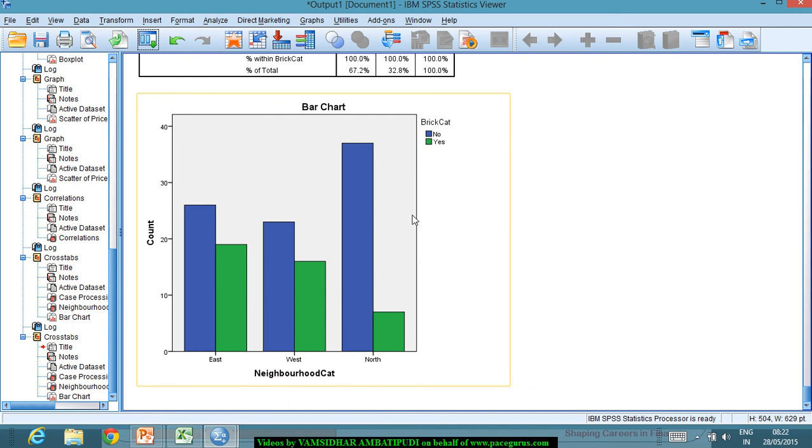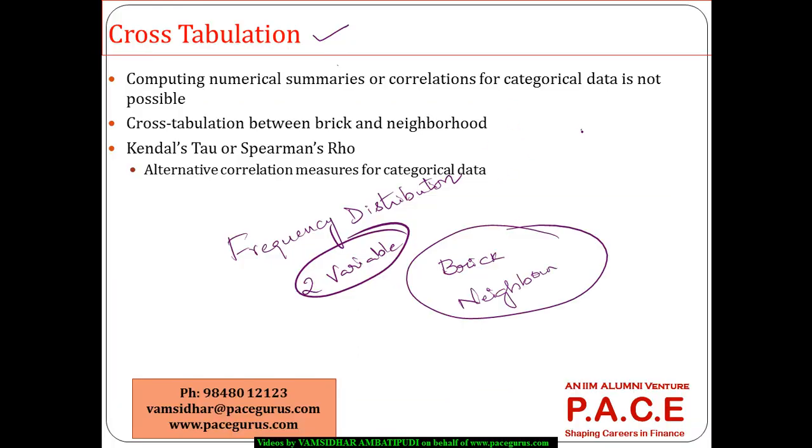And if I really want to come out with a measure, a correlation number, logically speaking, the regular correlation which we have used earlier was more appropriate for a scale data or a numerical data.